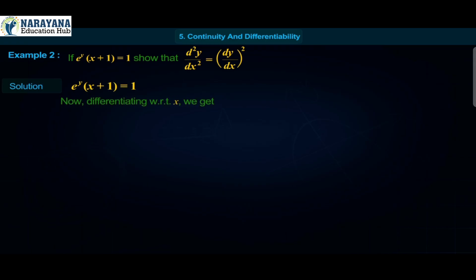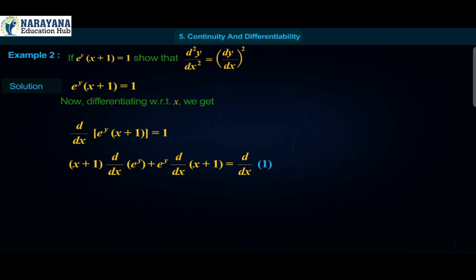Now, differentiating with respect to x, we get d by dx of e raised to y into x plus 1 is equal to 1. x plus 1 d by dx e raised to y plus e raised to y d by dx x plus 1 is equal to d by dx 1. Therefore, x plus 1 into e raised to y into dy by dx plus e raised to y is equal to 0. Therefore, dy by dx is equal to minus 1 upon x plus 1.